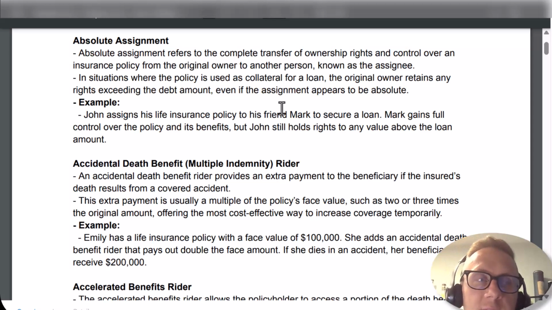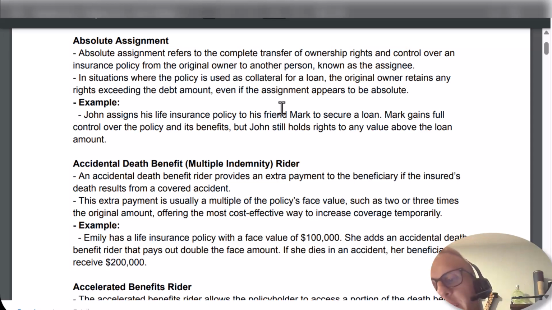Every insurance company has, they're usually similar, but there are rules around what is deemed death as a result of an accident. Some companies say that death has to result within 30 days of the accident and be directly tied to the accident. Some say it has to be 60 days, but basically, if the insured dies as the result of an accident, then an accidental death benefit rider will increase the benefit.